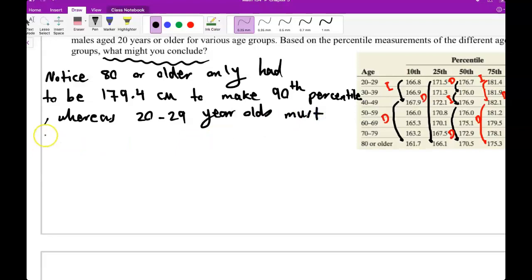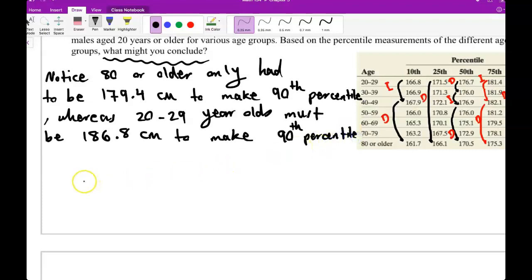So this group must be 186.8 to make 90 percentile.